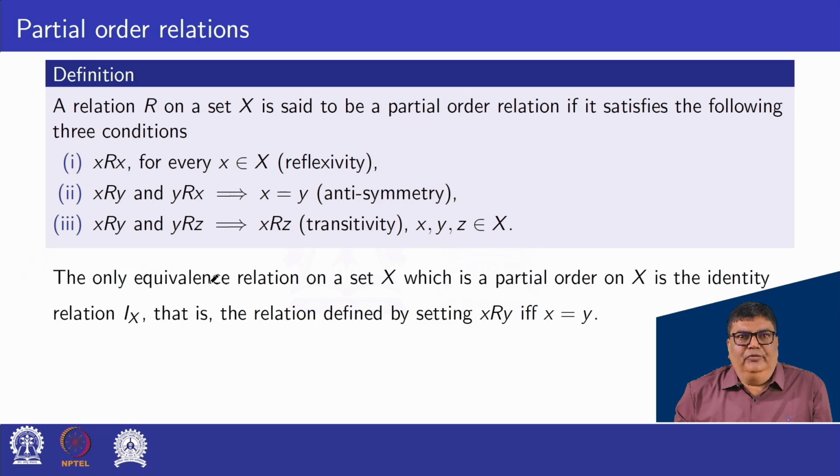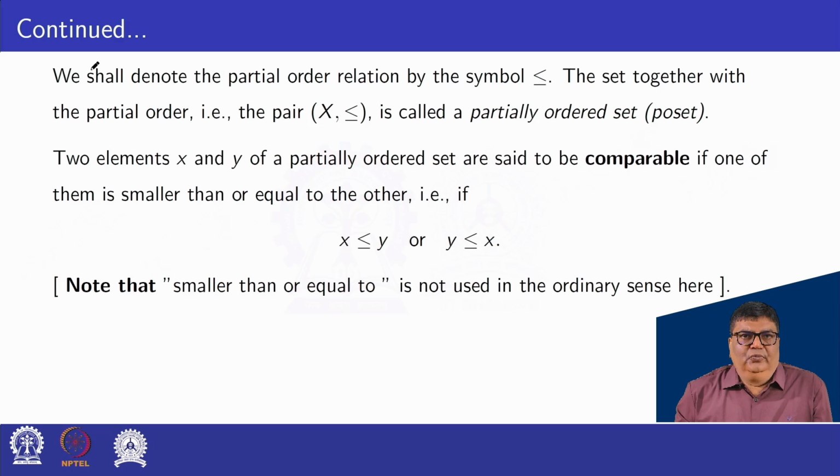The only equivalence relation on a set X which is a partial order on X is the identity relation I_X, that is the relation defined by setting x R y if and only if x is equal to y, where R is the relation on set X. We shall denote the partial order relation by the symbol less or equal to.